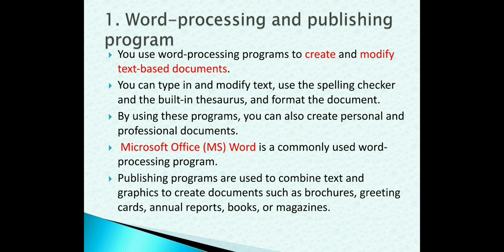These softwares provide suggestions for the right spellings as well if you have written wrong spellings, and the built-in thesaurus property is there. What is this property? By using this option you can check the same meaning words for that particular word.